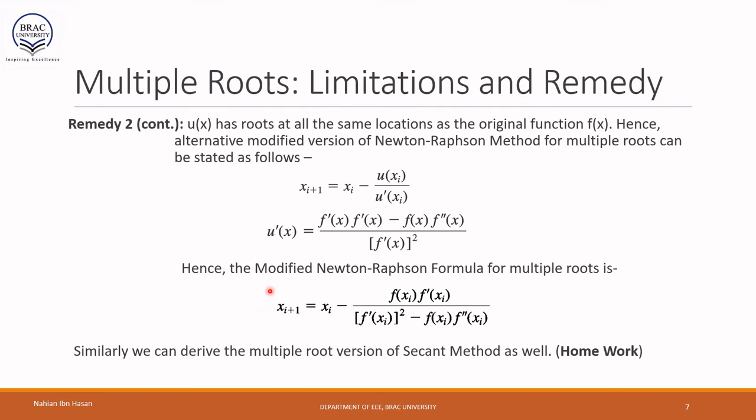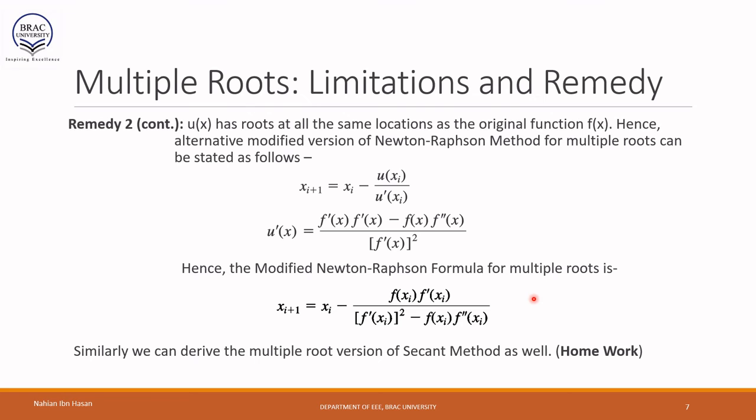Using this formula, we can easily converge to the root location, but there are still some problems: we are not ensuring whether this new root location contains double roots, triple roots, or quadruple roots. We do not know that. But using this formula, our method is going to be much faster than the traditional Newton-Raphson formula.